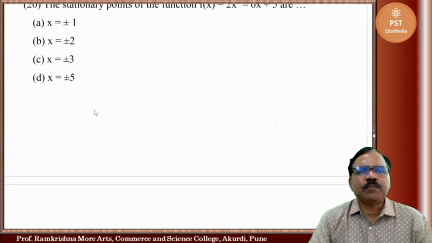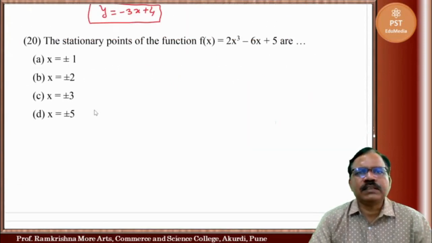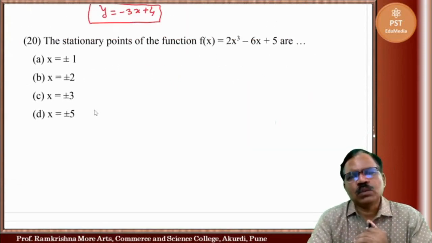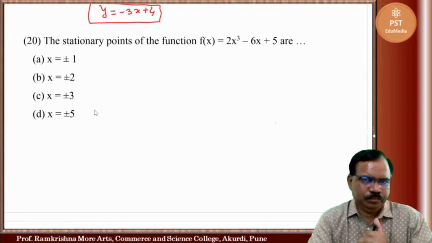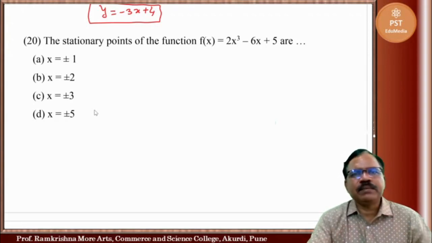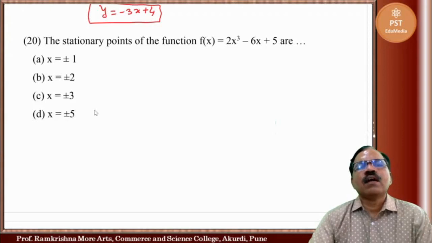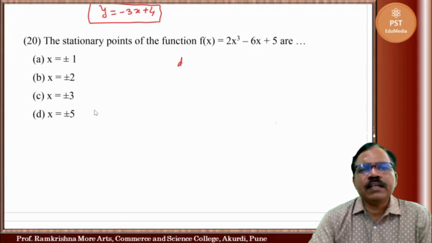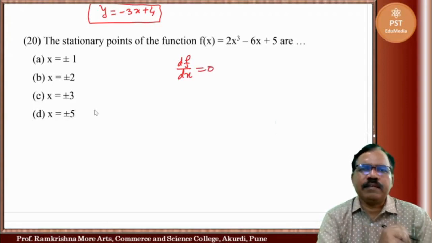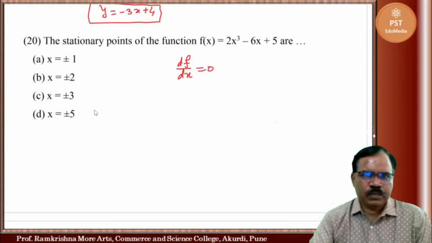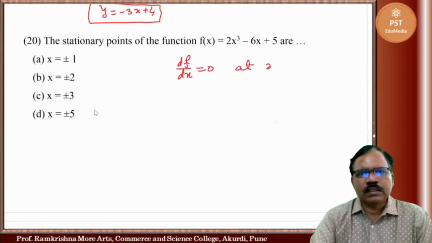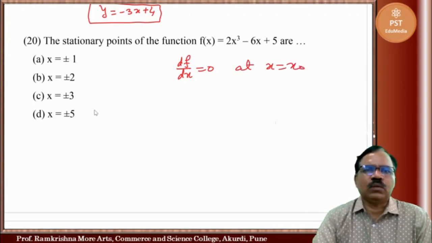The stationary points of the function f of x is equal to 2x cube minus 6x plus 5. So here f is function of x. We get stationary point when df/dx, first order derivative, is 0 at some x is equal to x0.